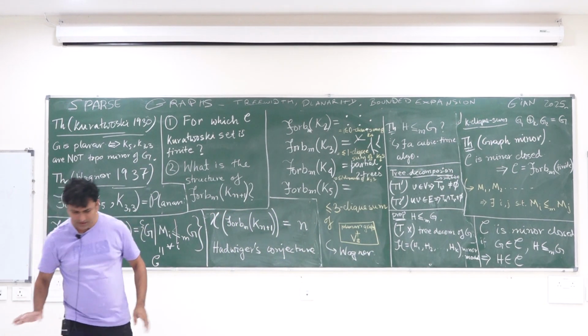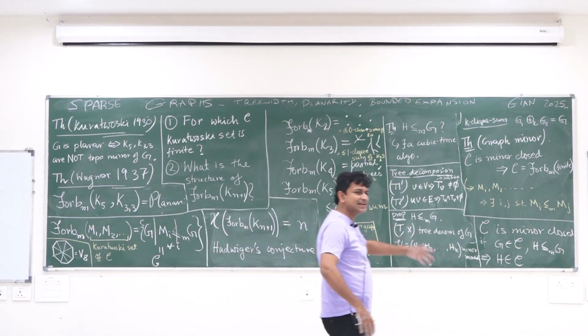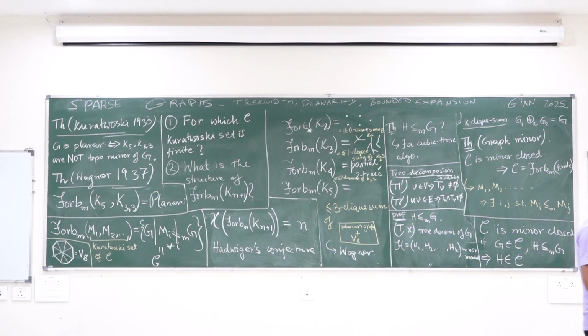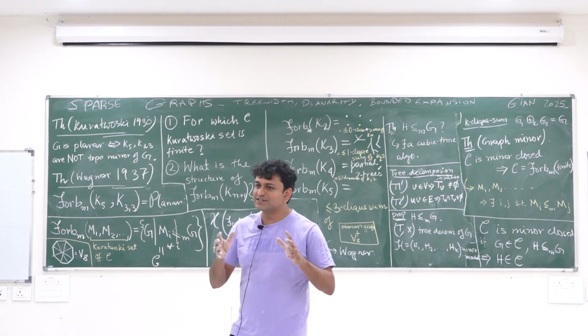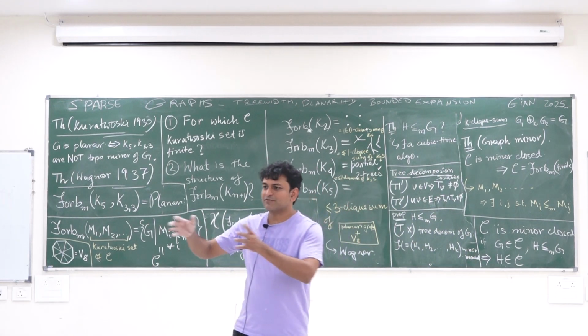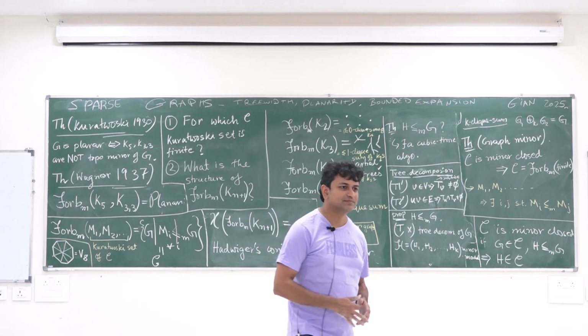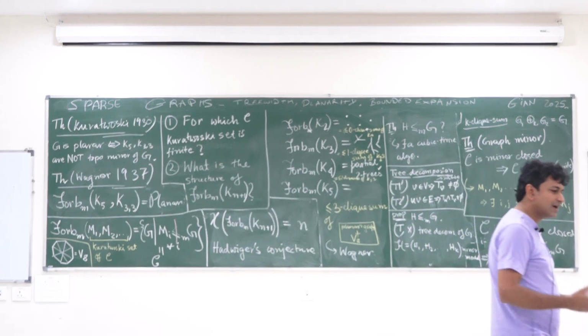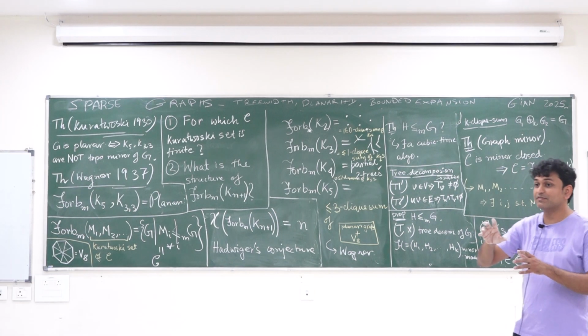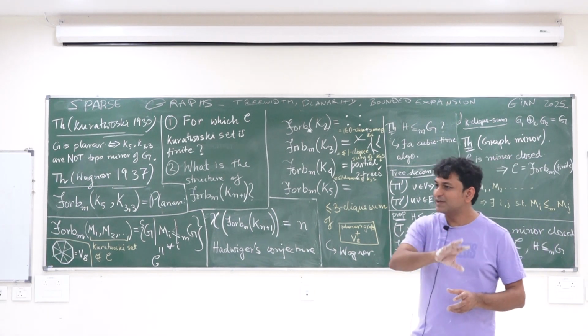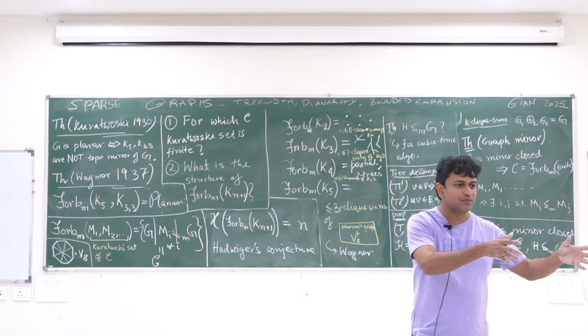So what I'm saying is that suppose H is a minor of G and G has a tree decomposition. I'm saying there is a way that I can make this decomposition also work for H, the minor. So how is H sitting inside G? There was an exercise where you proved that if H is a subgraph of G, then the same tree decomposition works.